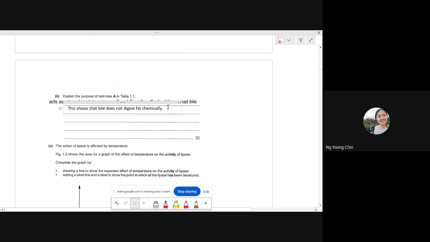Because they are not enzymes, they are unable to convert the fats into fatty acid and glycerol.